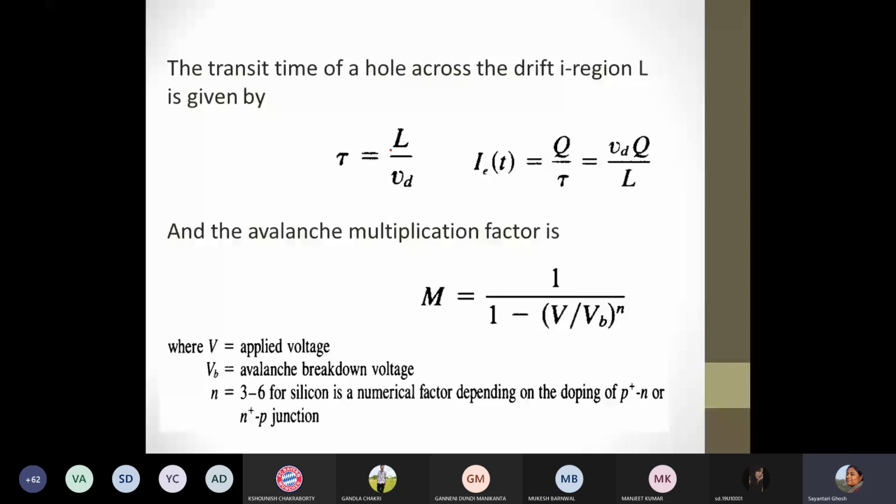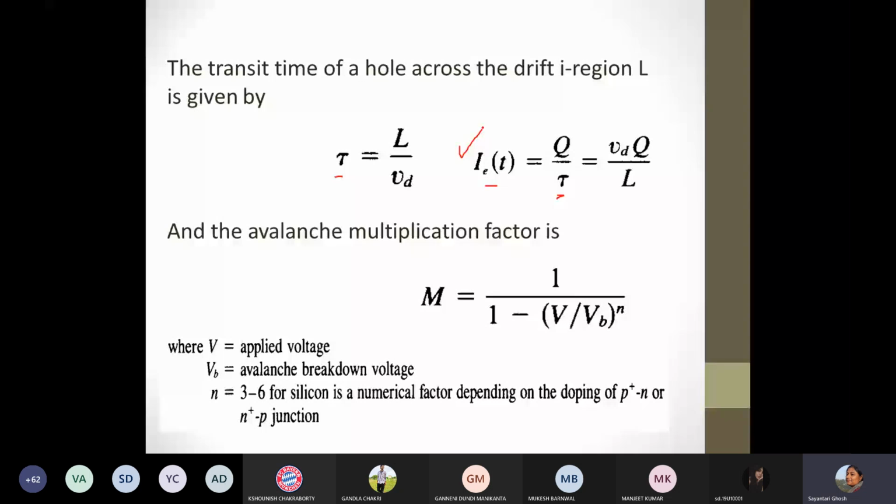And the external circuit's current, I external, will be given by the charge seen by the external circuit within a period of transit time. So that is the amount of charge that reaches per unit time in the external circuit. This gives you an expression for the external current in the circuit, and this is the transit time.